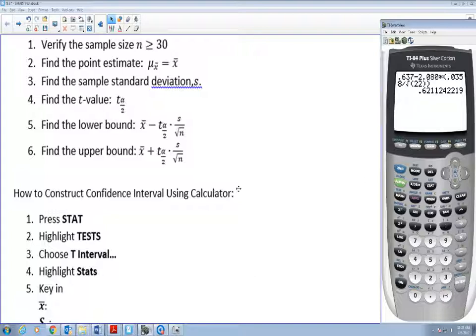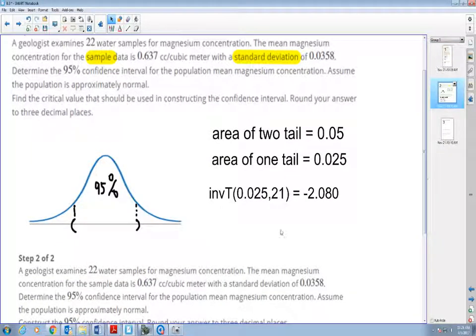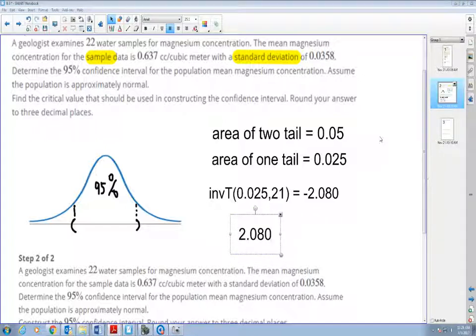The reason I'm showing you this is because if I had used the degrees of freedom as 22 earlier, it would throw my answer off slightly. So for step 1 out of 1, what's the actual critical value? It is going to be 2.080. They only want the positive one, like the one you get from the table.